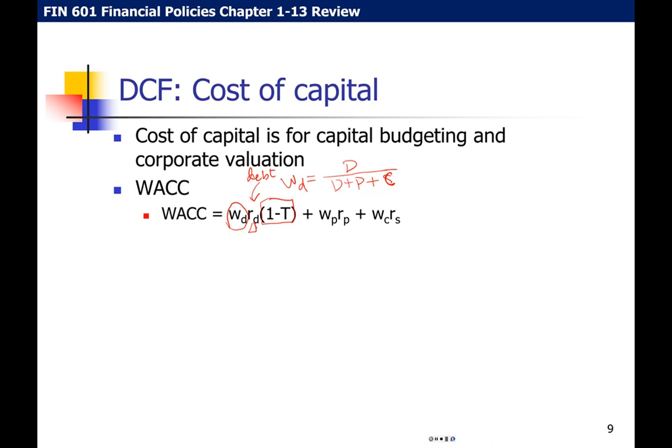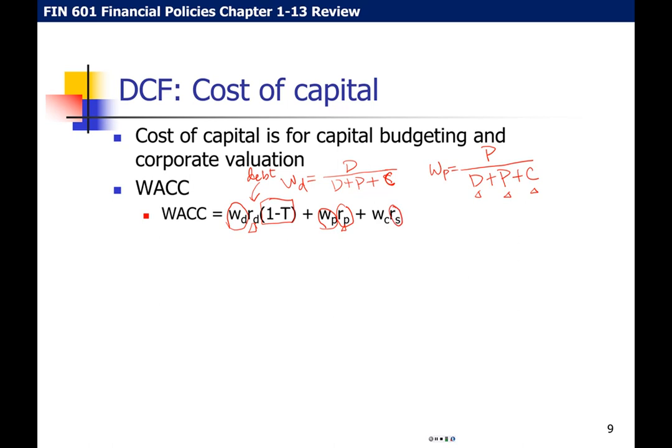The next component comes from preferred stock. It's R_P, the rate of preferred stock, multiplied by the weight of preferred stock. How do you find the weight of preferred stock? It's the amount of preferred stock divided by the total amount of assets, that is, debt, preferred stock, and common stock combined.